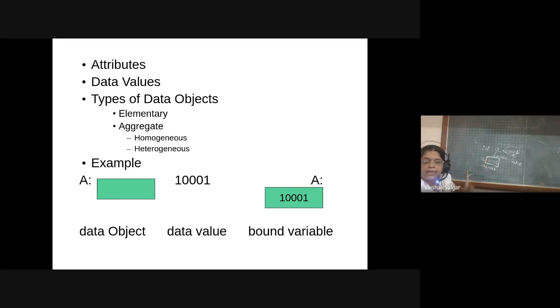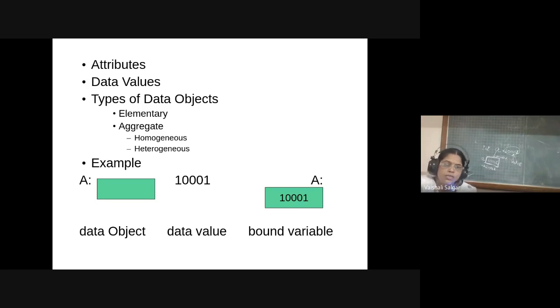Whenever I declare any variable, my computer will assign a memory location for that variable, and if I assign some value to that variable, a will be bound with the value you have assigned.